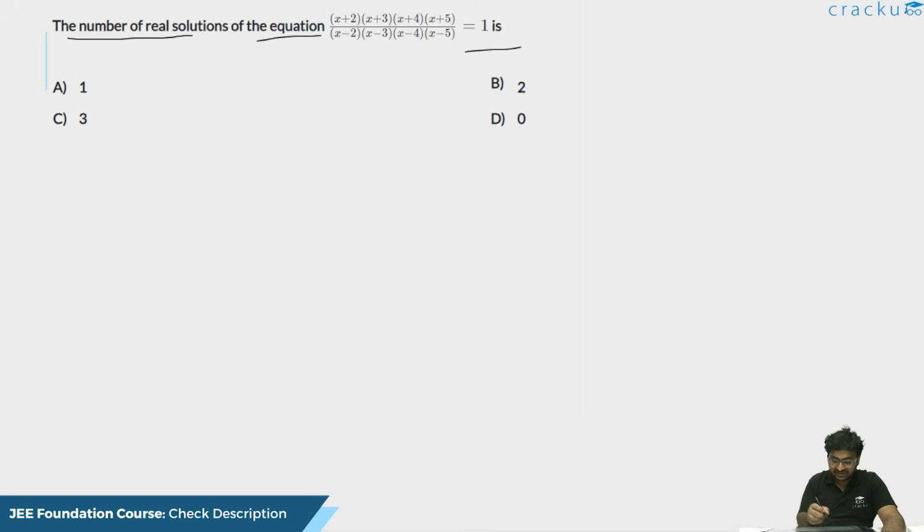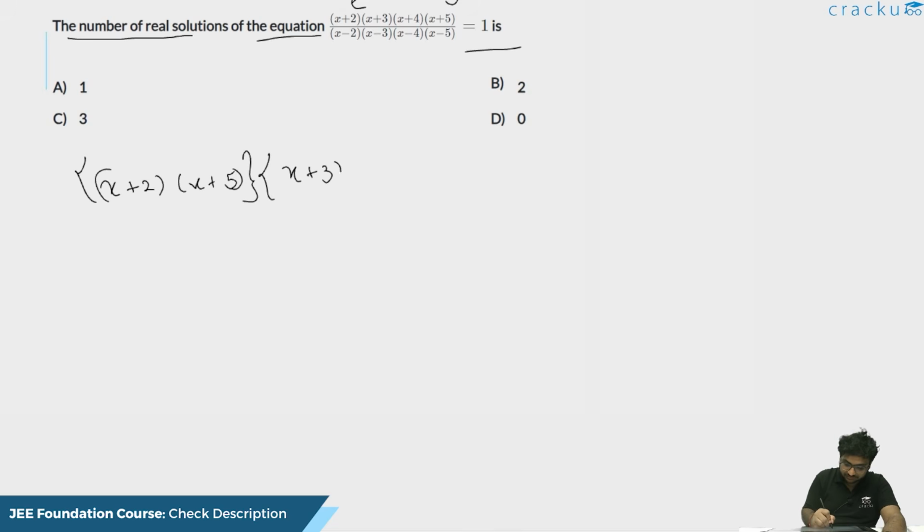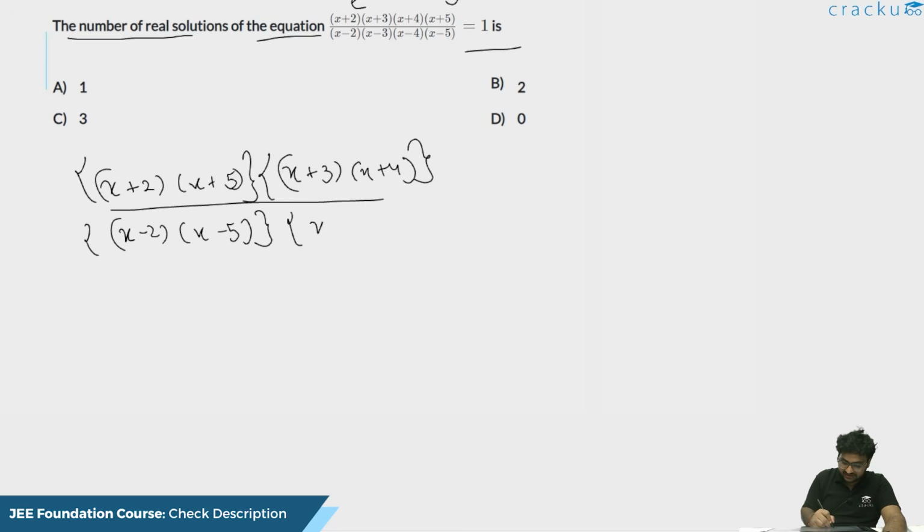If you see, in the numerator everything is plus, in the denominator everything is minus, but the numbers are same. So what we can do, we can multiply x plus 2 and x plus 5, and similarly we can multiply x plus 3 into x plus 4, divided by x minus 2 into x minus 5, and then x minus 3 into x minus 4.